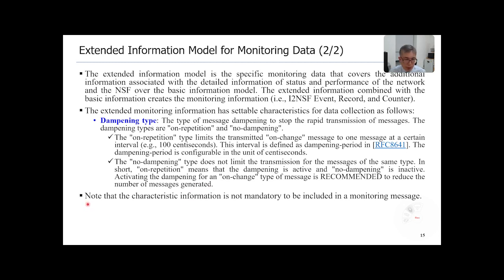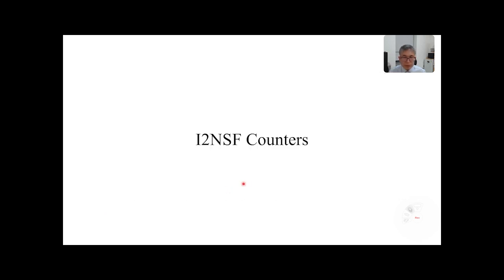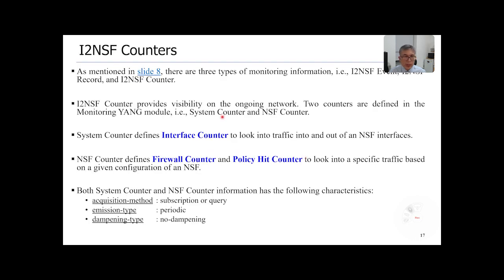Okay, so let's take a look at the I2NSF monitoring data one by one, starting with the counters. We can see there are three types of monitoring information: event, record, and counter. Counter provides visibility on the ongoing network. Two counters are defined in the monitoring YANG model: the system counter and the NSF counter.